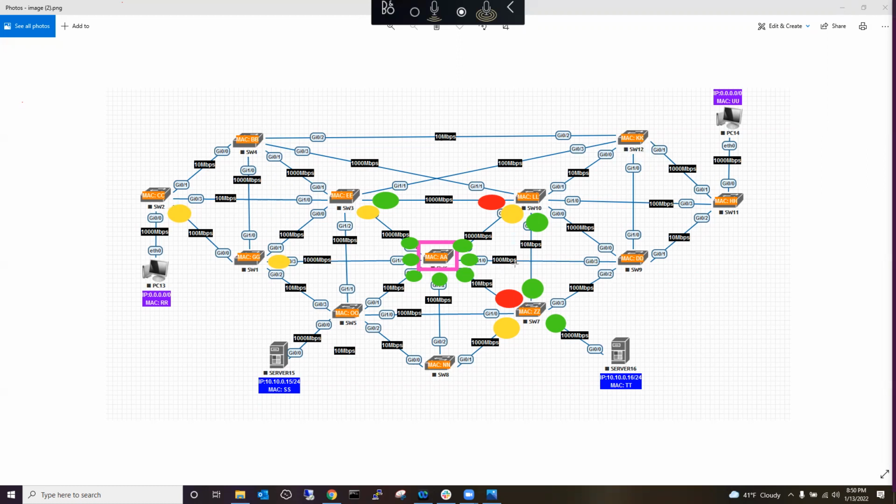Because with switch 1 being directly connected to the root and having the best cost, calculating with the other switches it is directly connected to, the cost would be much higher if we went that path.